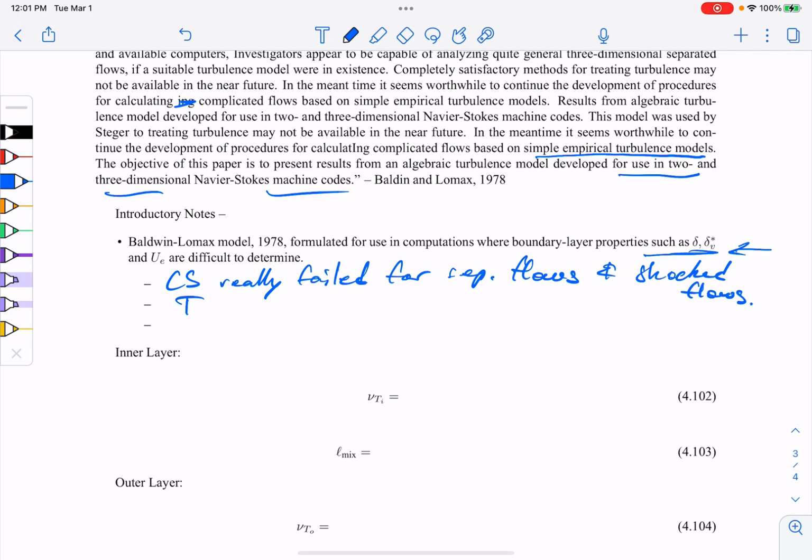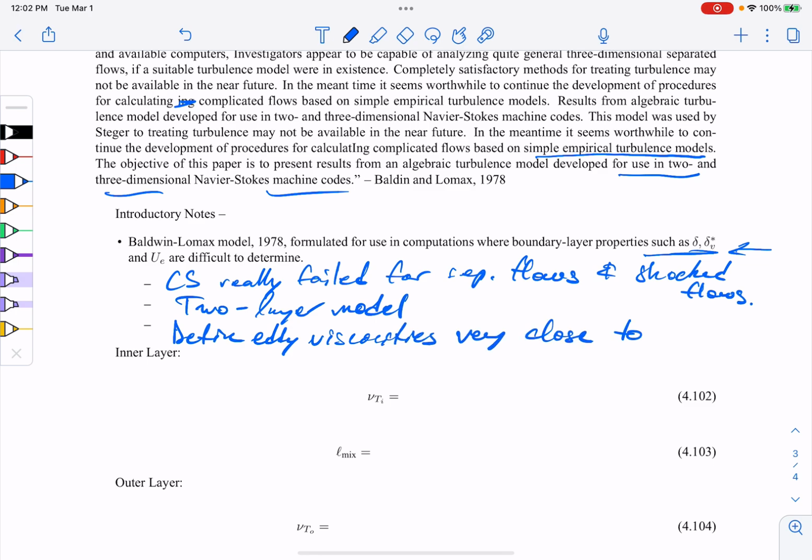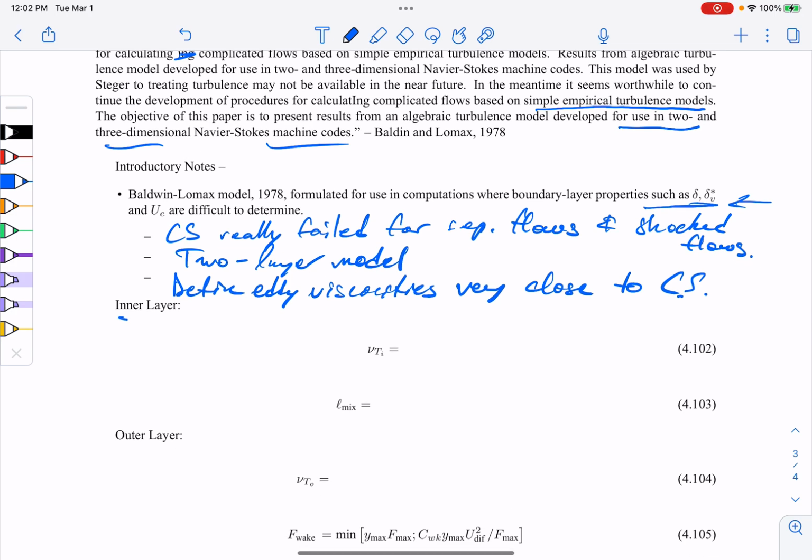It's also a two-layer model, which you'll see in a second from my notes below. And we define the eddy viscosities very close to the Cebeci-Smith model. And here they are. We have an inner layer and outer layer.